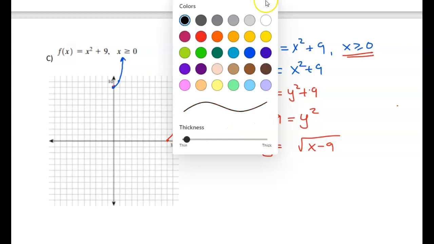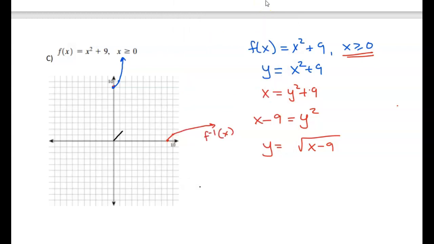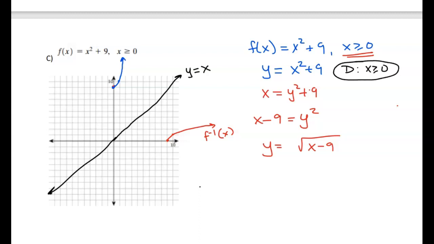And then the line of symmetry is y equals x. And you can see that they're mirror images of each other. All right, so the domain of the original is x is bigger than or equal to 0, because that's how we put it. And the domain of the radical is x is bigger than or equal to 9, because that's what makes the radical work.